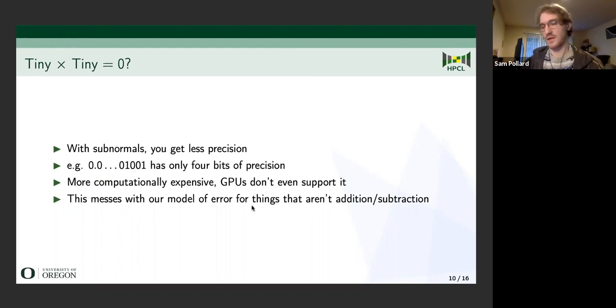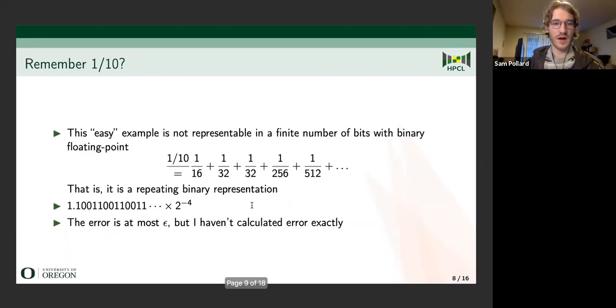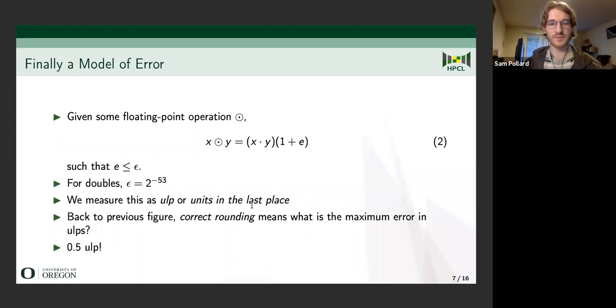So this messes with our error for things that aren't addition or subtraction. Now, when you're reading the literature, you might see things like "What Every Computer Scientist Should Know About Floating Point Arithmetic", and they describe this equation 2 here, because it's a very good approximation and it's relatively simple.